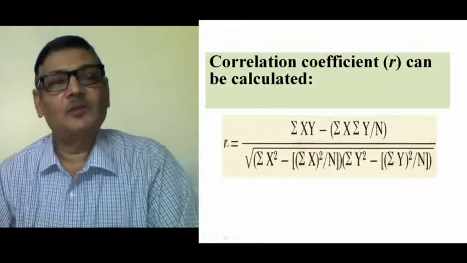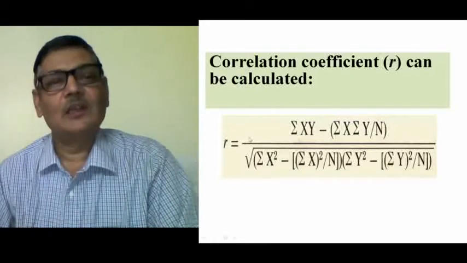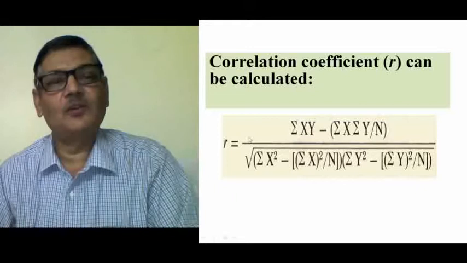The formula which is used to solve the correlation coefficient is quite simple, and several modifications of this formula could be seen, but the most convenient one I am showing here.